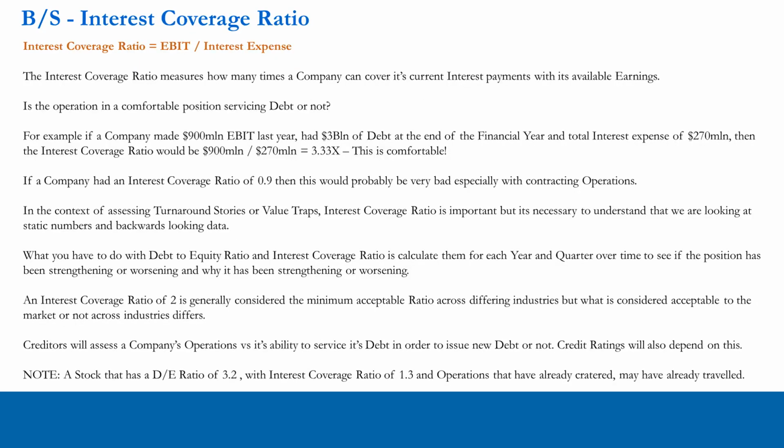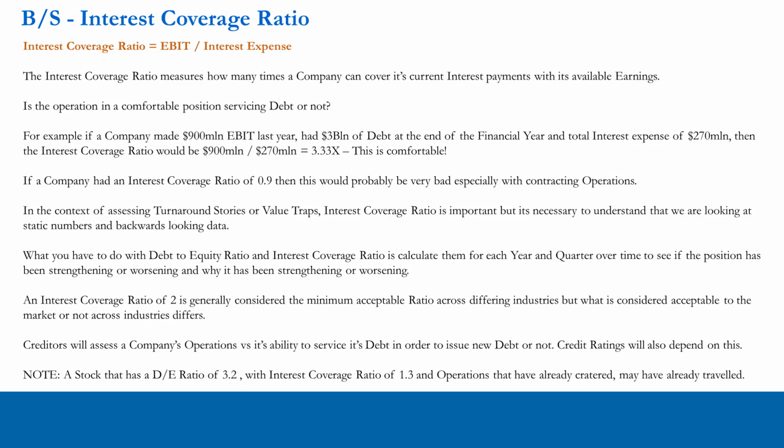Next up, in our backwards looking quant, we would look at interest coverage ratio, which is EBIT over interest expense. The interest coverage ratio measures how many times a company can cover its current interest payments with its available earnings. So is the operation in a comfortable position servicing their debt or not?